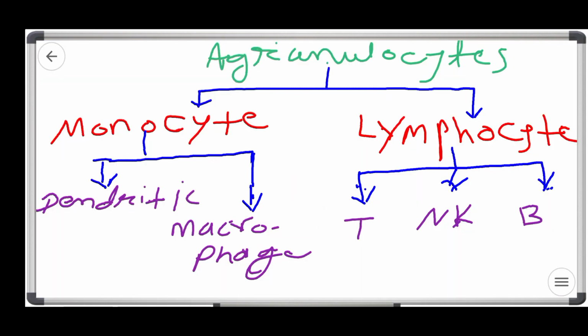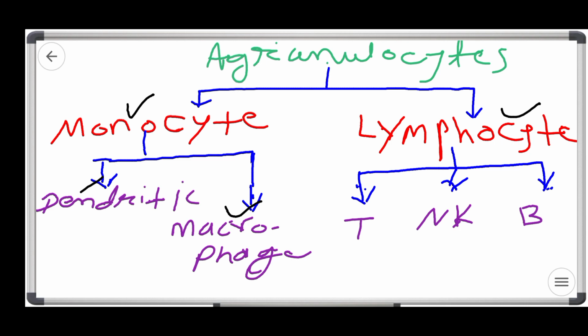Here you see the classification of agranulocytes. They are classified into two types: first monocytes and second lymphocytes. Monocytes differentiate into two types, dendritic cells and macrophages.